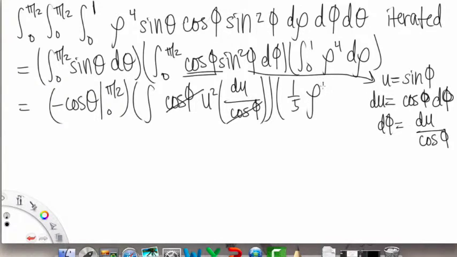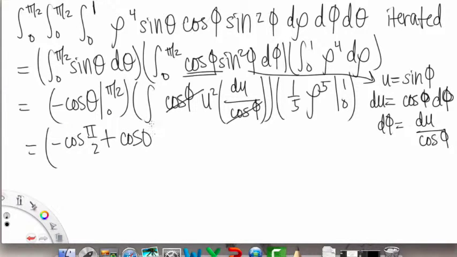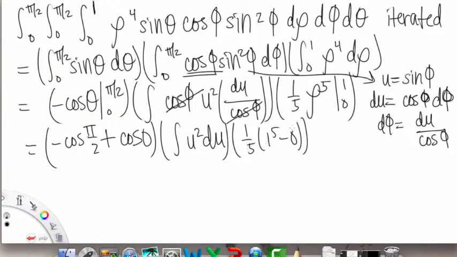So we have rho to the 5th over 5, as rho goes from 0 to 1. And then we'll plug this in. So we have negative cosine pi over 2 going on over here, plus a cosine 0. And in the middle we have the integral of u squared du. We'll leave that there for now. And then this is a 1 over 5, 1 to the 5th minus 0. So then this in front, that's 0.